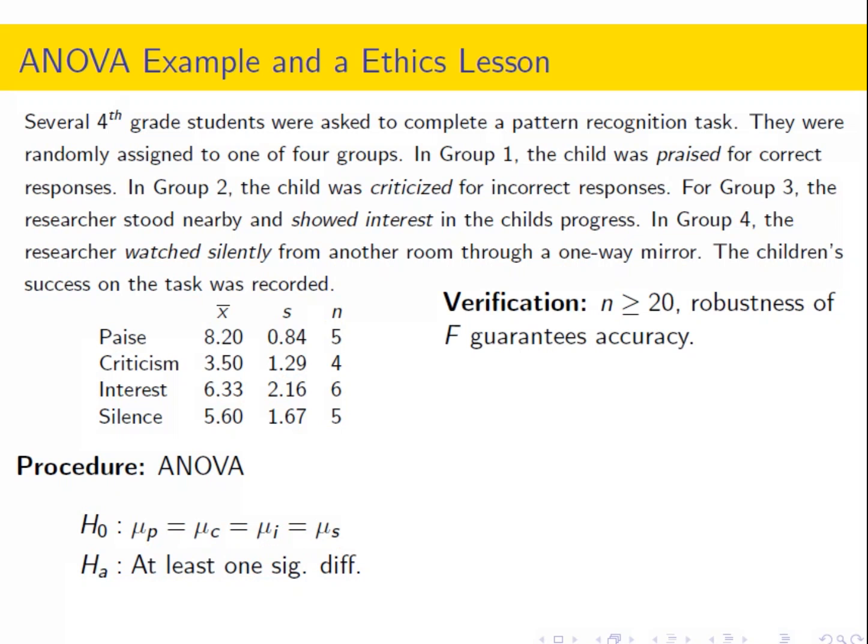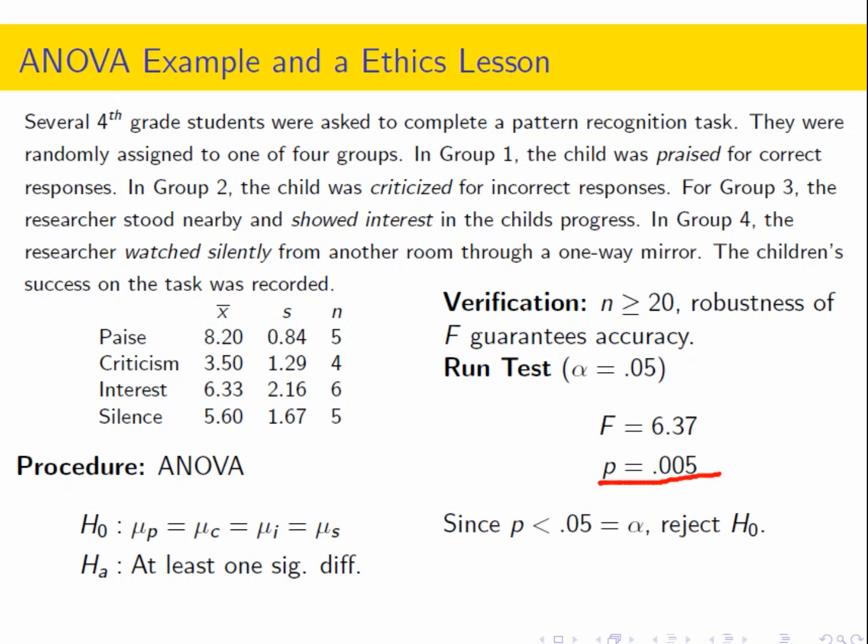All right. So we do have our sample size met, right? We have 9 plus 11, so we have exactly 20. That was on purpose. So the robustness of the F statistic will guarantee accuracy of these p-values. Again, if you want to go online and run this, it's really easy to do so. You'll end up with a p-value of 0.05 when you run this test, and therefore we would reject the null.